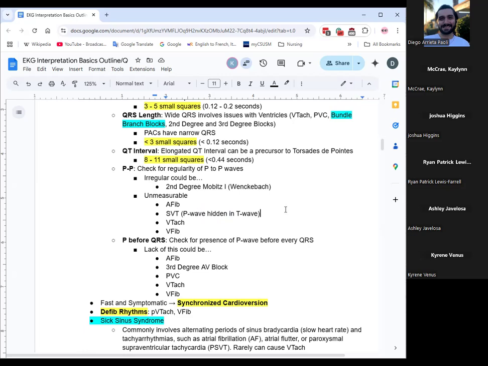The way you can tell them apart is that in sinus tach you can still see the P wave, so it looks like a double hump, as opposed to the SVT where it's just one. It looks like the P wave and the T wave became one, but in sinus tach it looks like a bump next to a bump, like an M, essentially.